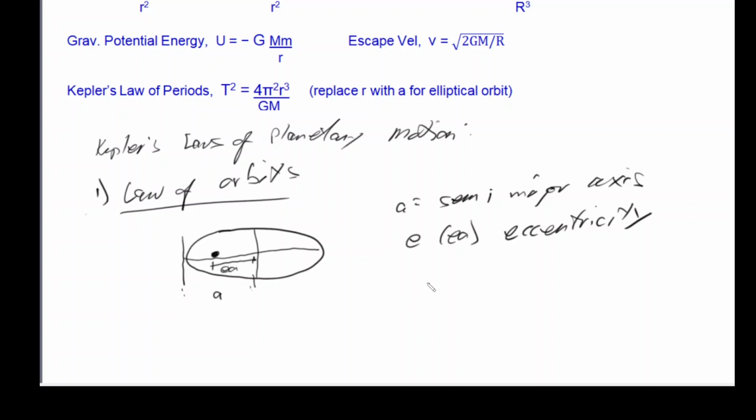So if we had a circular orbit around the sun, then e would be equal to 0. There is no eccentricity or stretching of one axis.